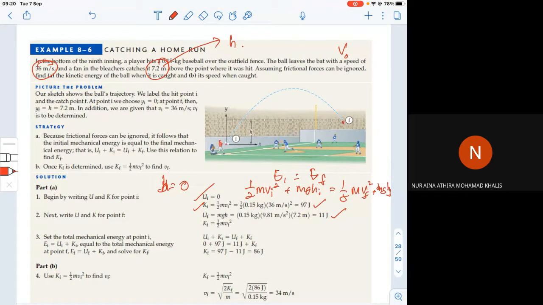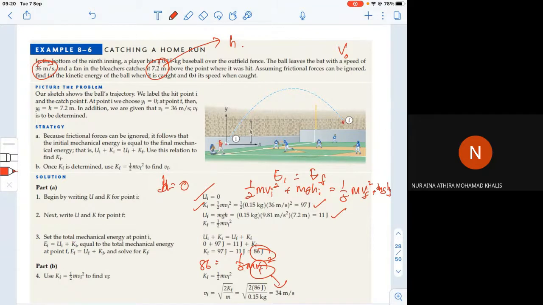So Ui plus Ki is equivalent to Uf plus Kf, and in the end we get Kf, the final kinetic energy, equal to 86 joules. So that 86 joules is equivalent to half m v final squared, and then we find the final velocity, which is 34 meters per second.